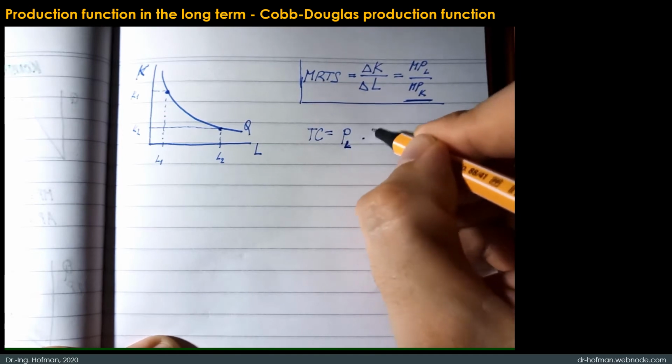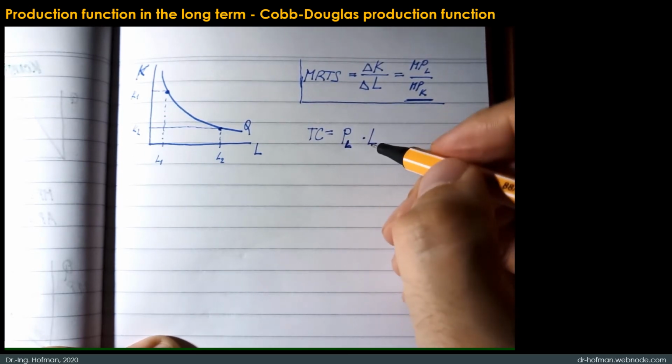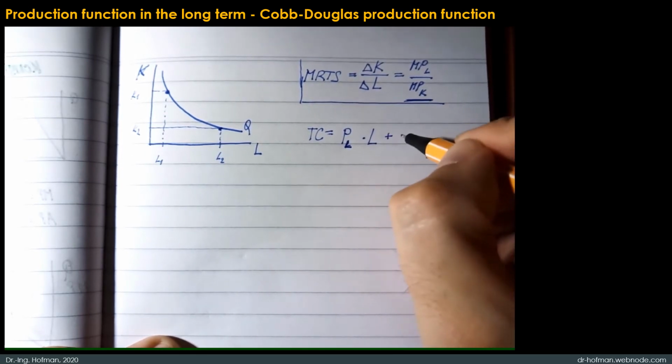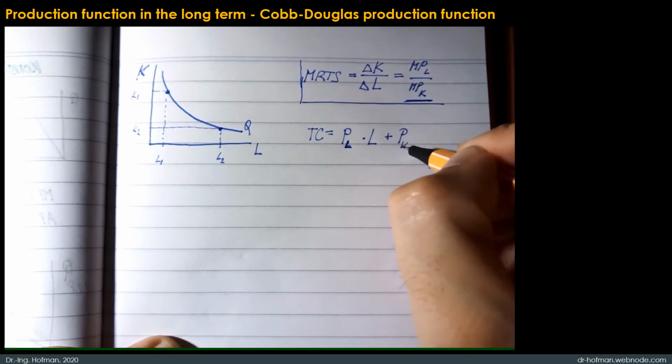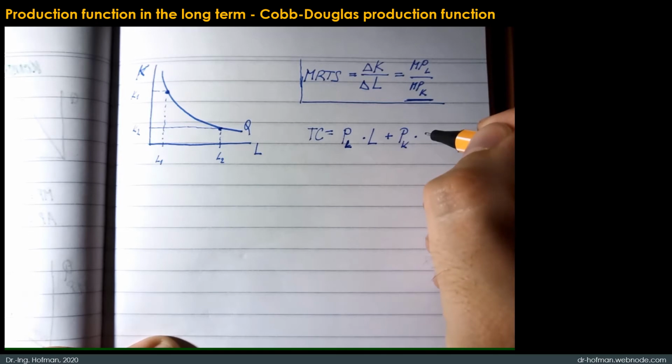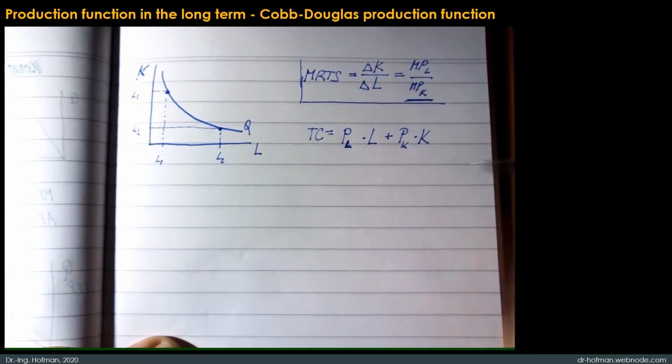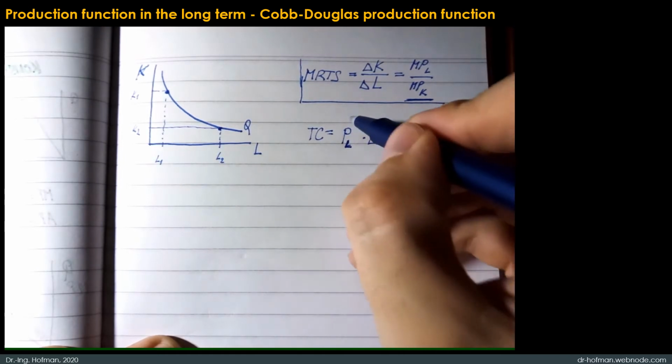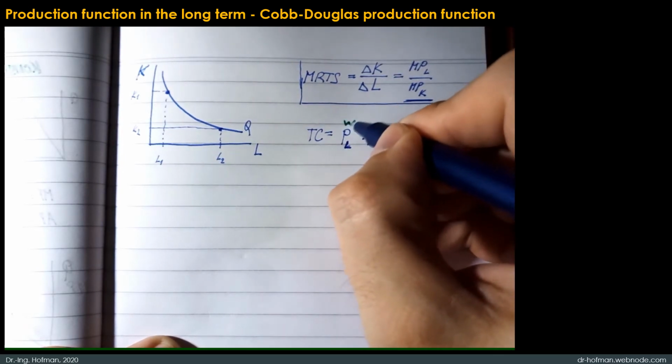So how to calculate total cost? It's the price of labor multiplied by the number of units of labor plus the price of capital multiplied by the number of units of capital. This is the total cost function.